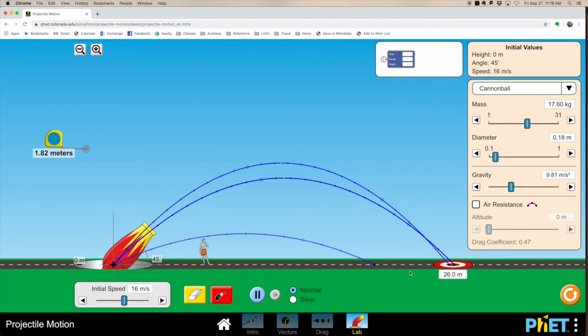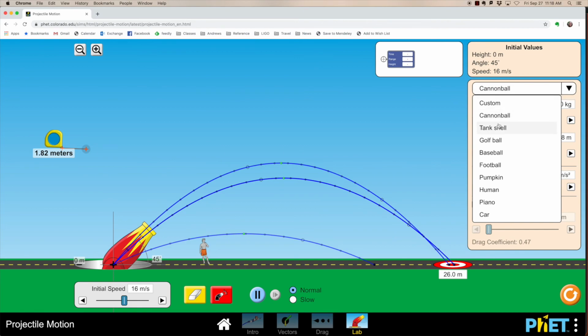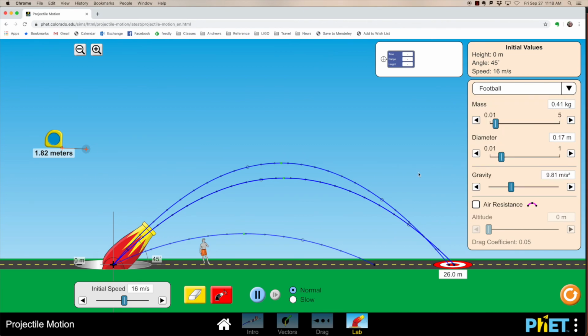Now this is a pretty fun simulator, as I said, because it not only lets you practice with different speeds and launch angles, but it also allows you to shoot different objects. So instead of a cannon, I can shoot a golf ball or a baseball or a football. So you can see the football get shot out of the cannon. I can also erase former trajectories.